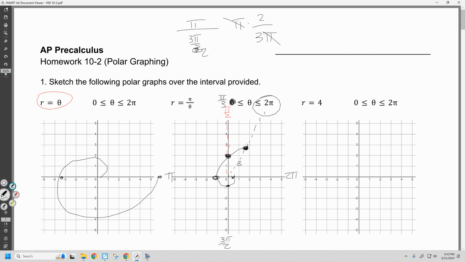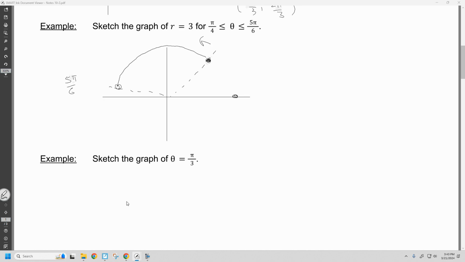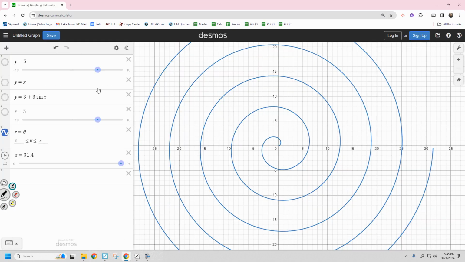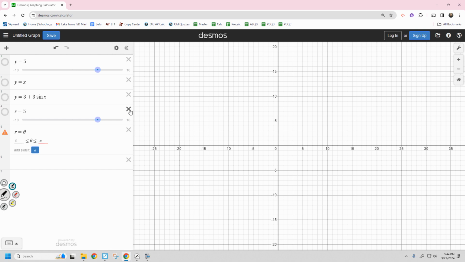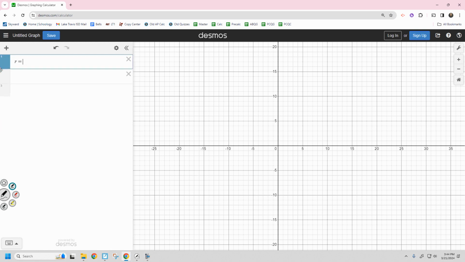And this creates a great opportunity for us to go down to the depths of Desmos. We will see Desmos' inner workings and its inner soul by looking at the graph of r equals pi over theta. We will start at pi over 3.